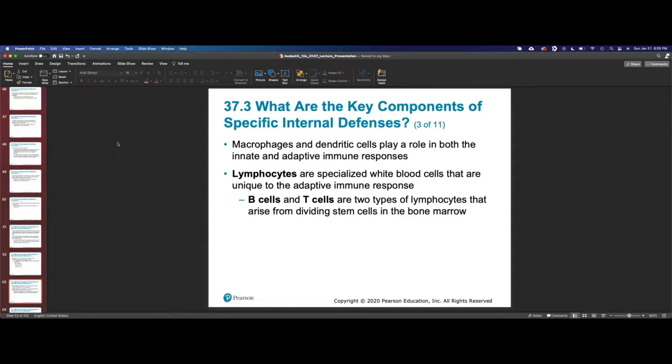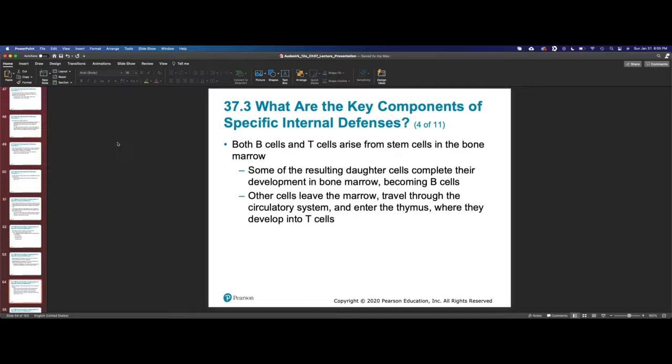You can almost think B for bone marrow. And so these immature immune cells start in the bone marrow. Some of them further develop and become B cells. Others will leave and travel to the thymus and become T cells.